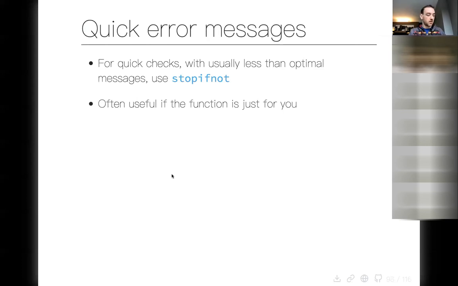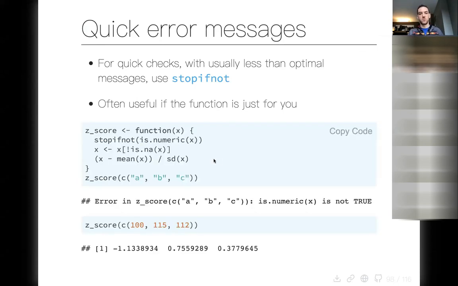If you want to do quick error messages, you can use stopifnot. I use this if I'm doing something that's just for me internally, and it's not something that's going out to the users. So for example, z-score, stopifnot is.numeric.